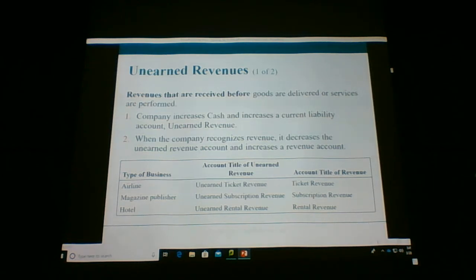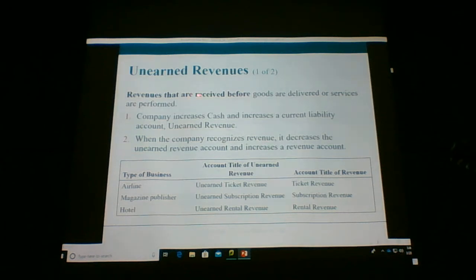Okay? Unearned revenues are, what did I say? Starts with an L, liabilities. Okay, so even in the definition of unearned revenues, we have a little bit of confusion because it says that they are revenues that are received before goods are delivered or services are performed.